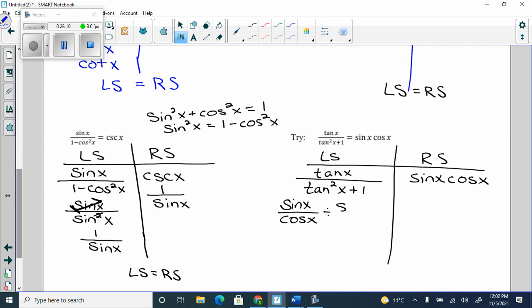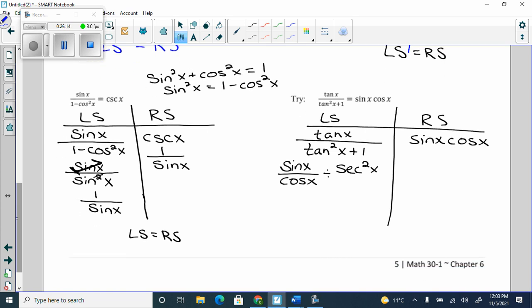Secant squared x from our formula sheet. So I'm going to get sine x over cos x, and secant is what? 1 over cos squared x, yeah. Then I'm going to have to flip it. So sine x over cos x times cos squared x over 1.